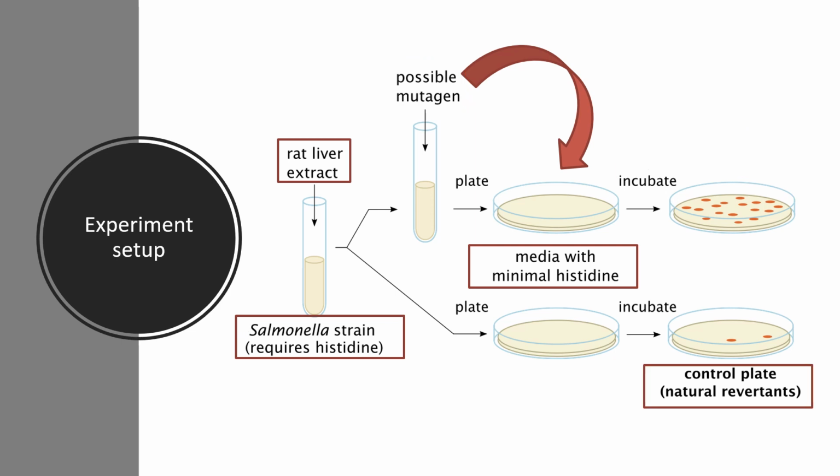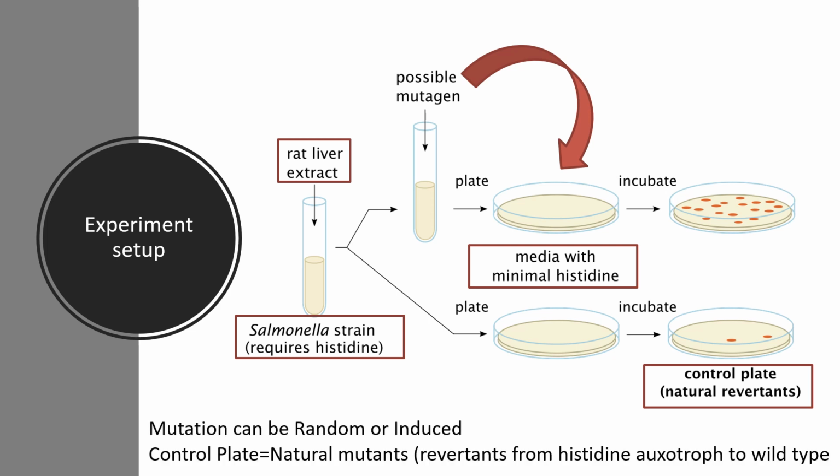We also keep a control plate wherein you don't add the test compound. We know that mutation can be random or induced. So, in a condition where you are not adding the possible mutagen, there are chances that the test culture will show some amount of mutation. That's why you keep a control plate so that you can check for the presence of natural revertants.